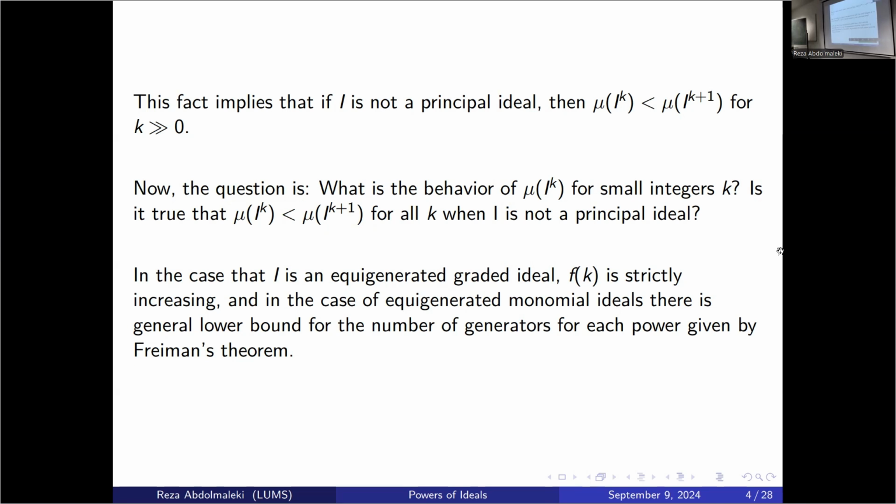So if I is an equigenerated monomial ideal, there is even a lower bound for the minimum number of generators of I^k.